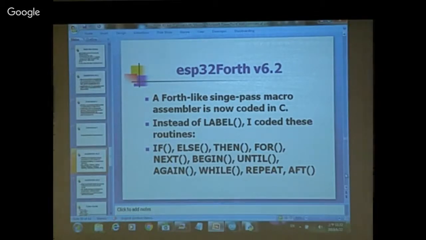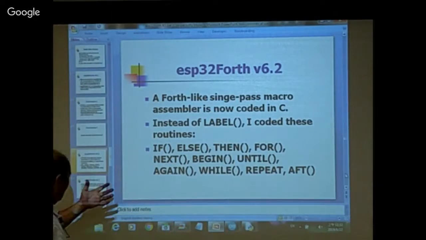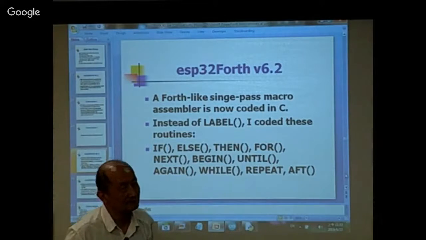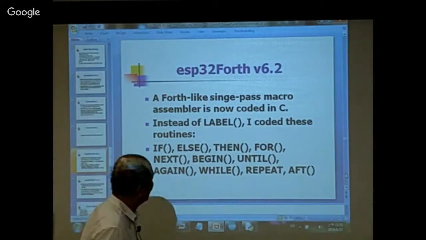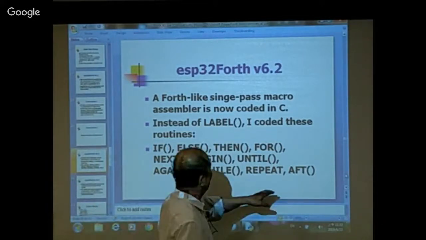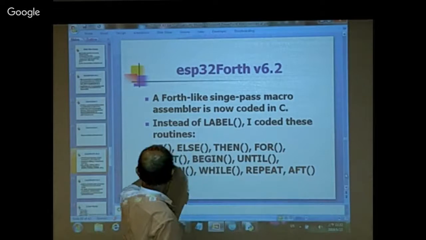Because AFT, are you not familiar with that? AFT is used in the for and next. So to skip the first time, because 5 for next would do 6 times, right?